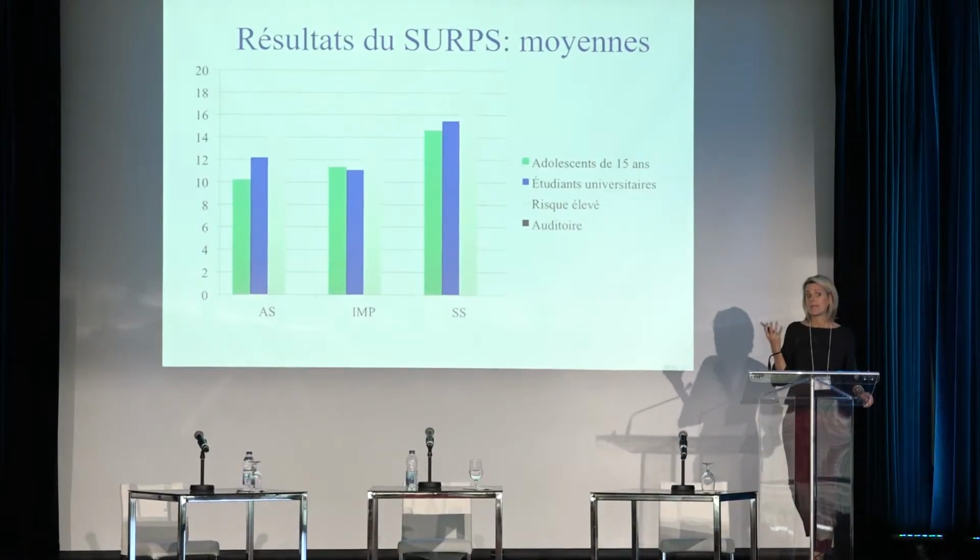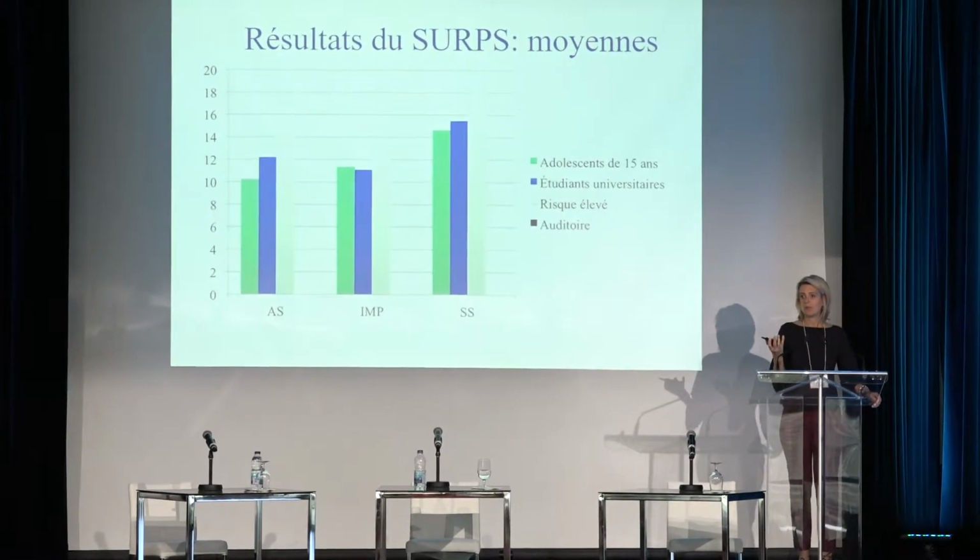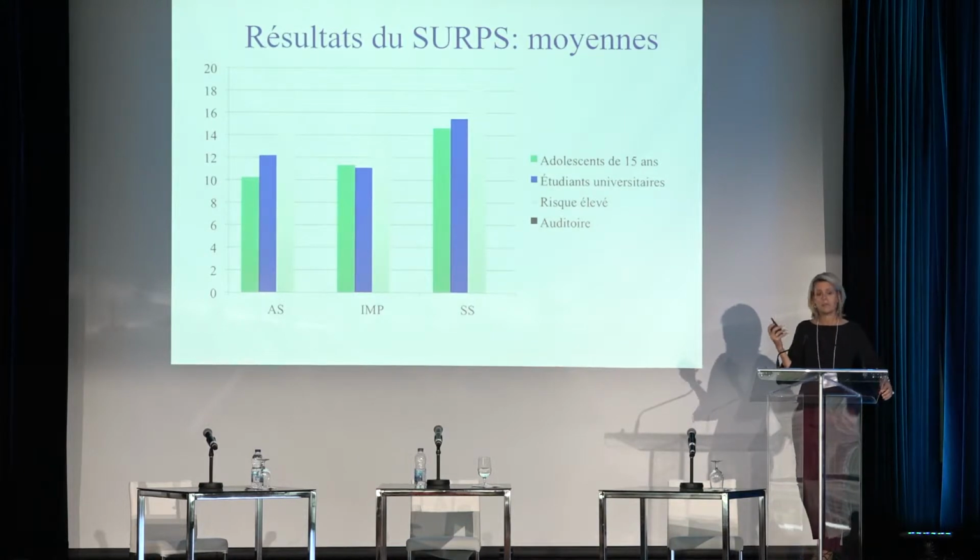And then you'll understand what kind of youth or student would qualify for the kind of interventions we have developed, and how we target these personality traits through this scale called SURPS.